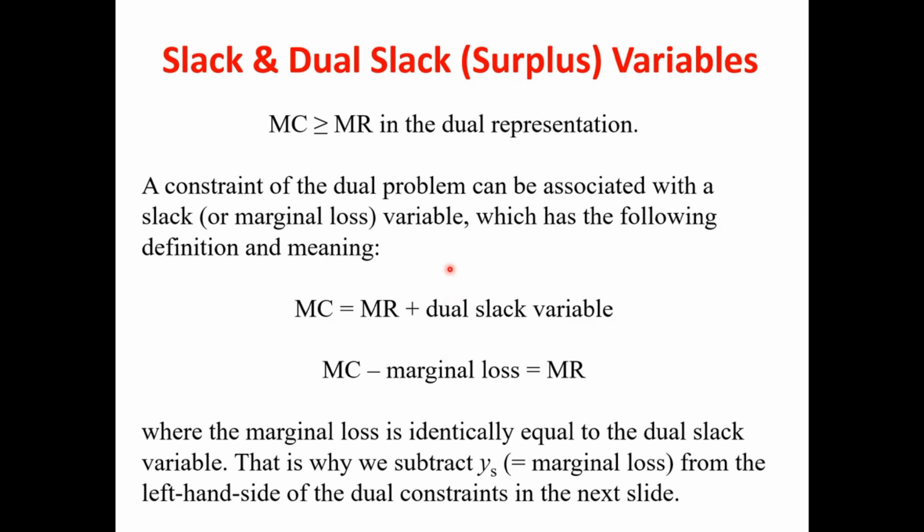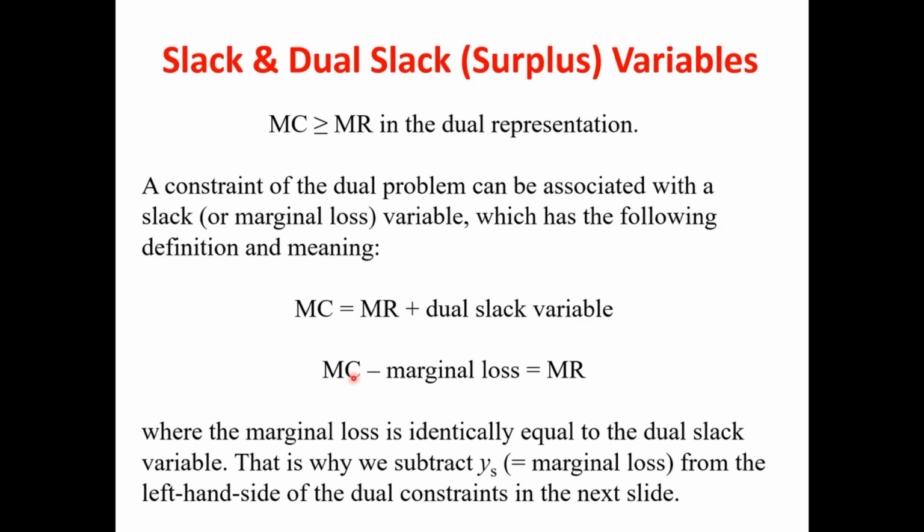The slack and dual slack or surplus variables. So marginal cost greater than marginal revenue in the dual representation. A constraint to the dual problem can be associated with a slack or marginal loss variable, which has the following definition and meaning. So the marginal cost is equal to the marginal revenue plus the dual slack variable.